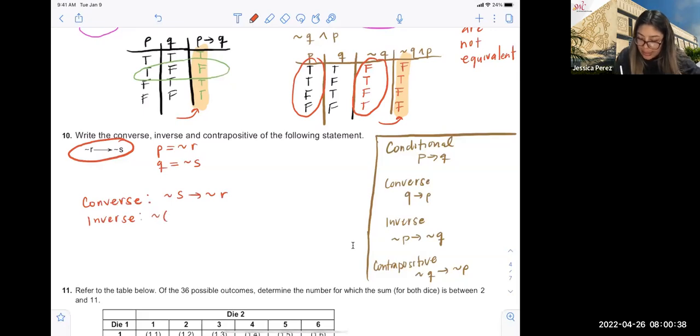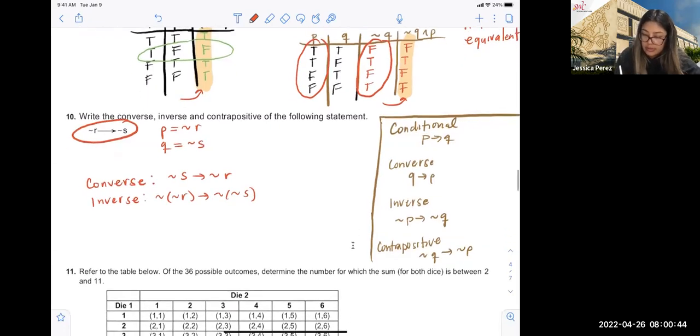So you're negating not R implies negating not S. So this would be R implies S. That would be my inverse. And my contrapositive, you switch and you negate. So first you switch, and then you negate it.